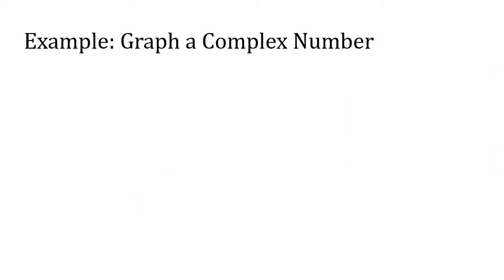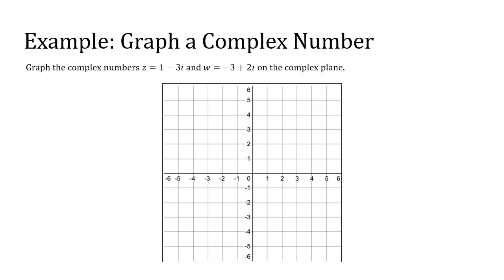Let's look at an example. Graph the complex numbers z equals 1 minus 3i and w equals negative 3 plus 2i on the complex plane. So to indicate that this graph is a complex plane, I'm going to make sure that I identify what the axes are.